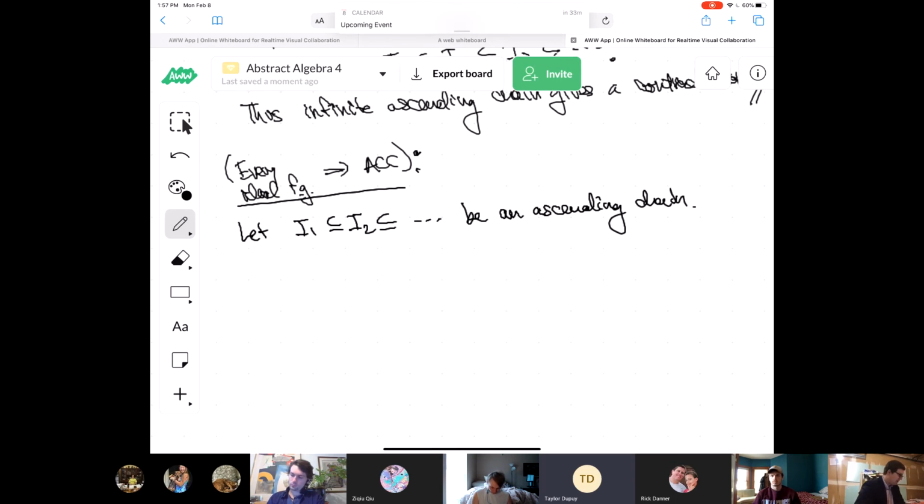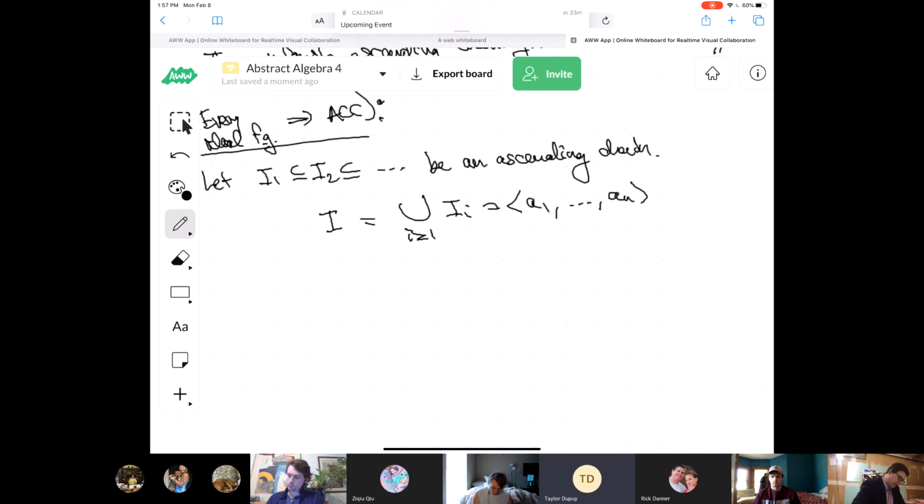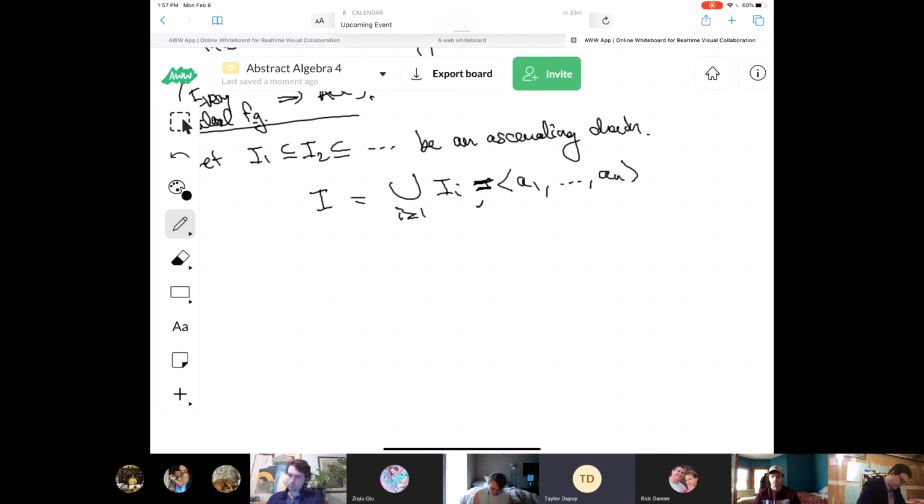Then we'll take I to be the union of all of these. We know that this thing is equal to this by the finite generation hypothesis. The union of all these ideals is an ideal because it's a chain, right?